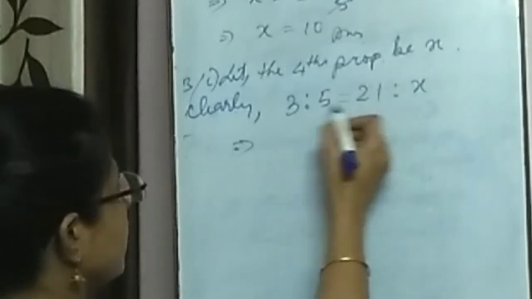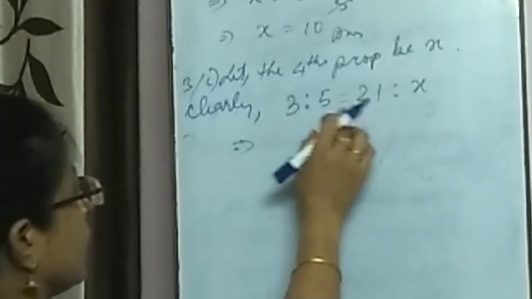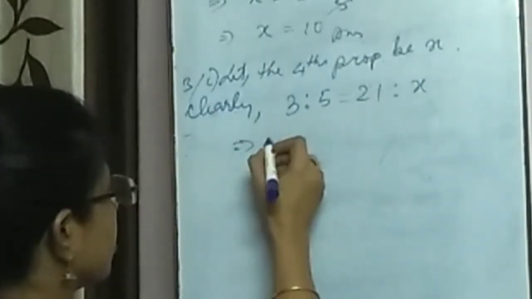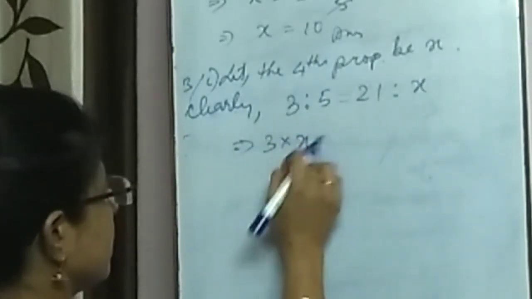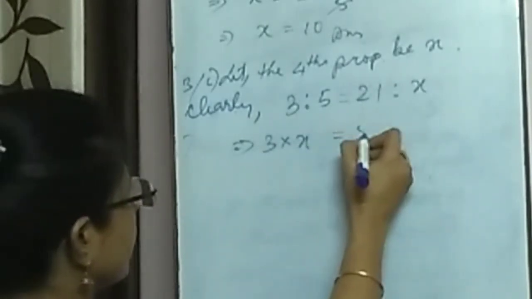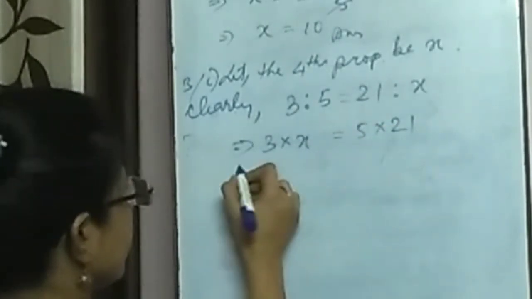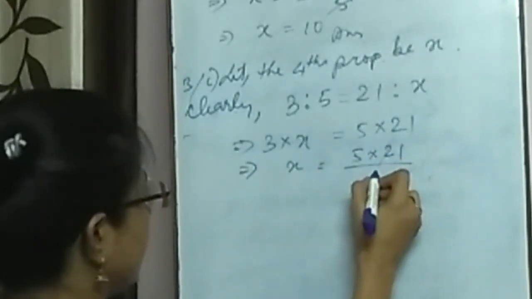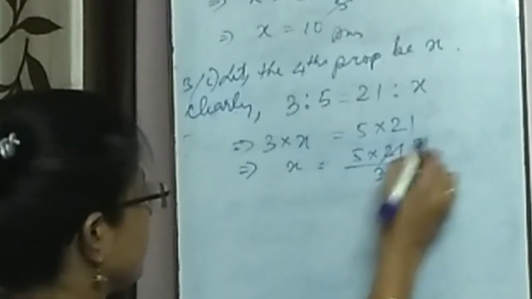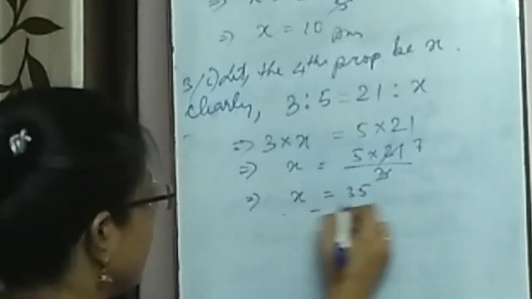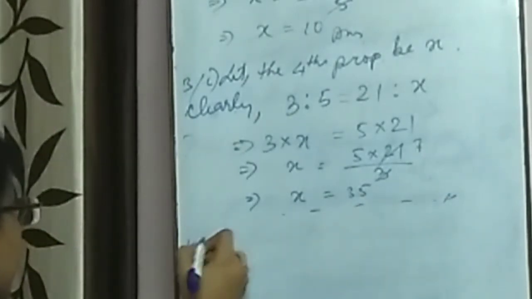Again, product of the means is equal to product of the extremes. So as this time x is in the extreme, we will multiply these 2 first. Product of the extremes I have written here. Anyway you can do it. So now x is equal to 5 into 21 by 3, 35. Therefore the fourth proportion is 35.